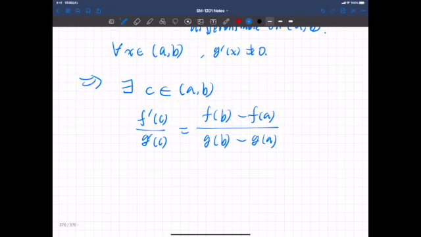Okay, so this is a kind of extension of the mean value theorem we have introduced before. In other words, the previous mean value theorem is a special case of this Cauchy's mean value theorem, where the function g of x was just x. And if you replace this to here and here, then you get the previous version of the mean value theorem. So let's prove this.